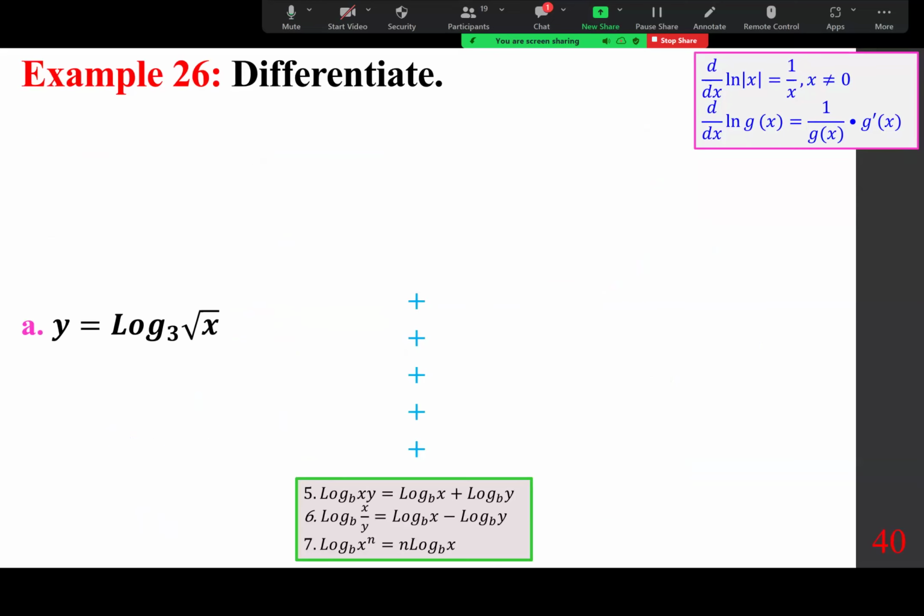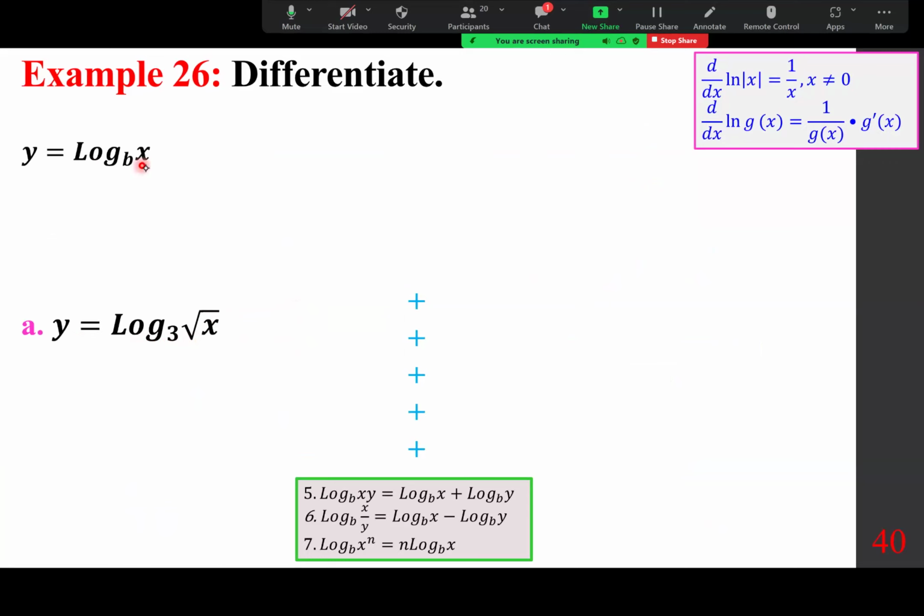We want to differentiate y equals log base 3 of square root of x. So we are going to show how we differentiate log when the base is no longer e, and here's the proof.